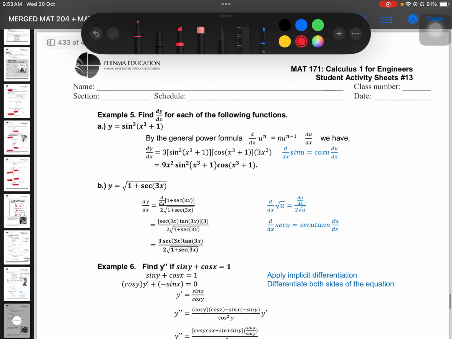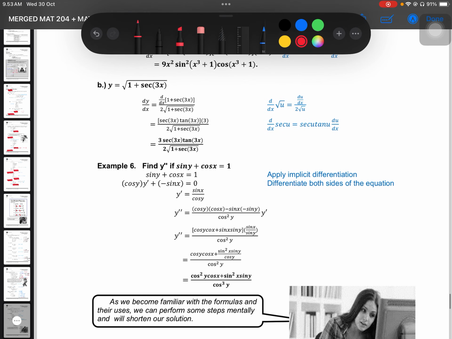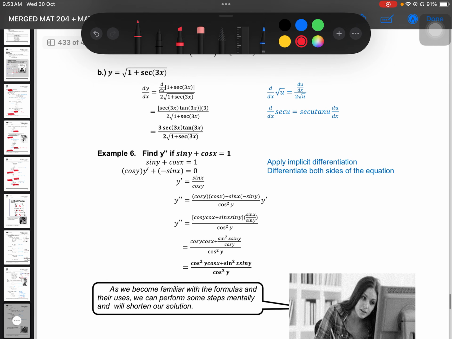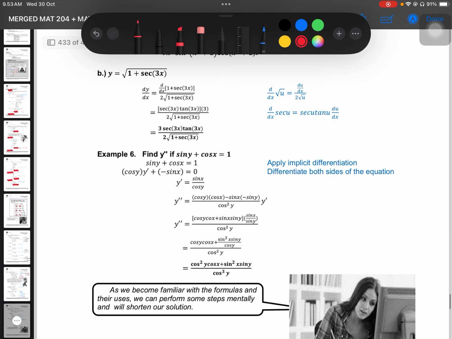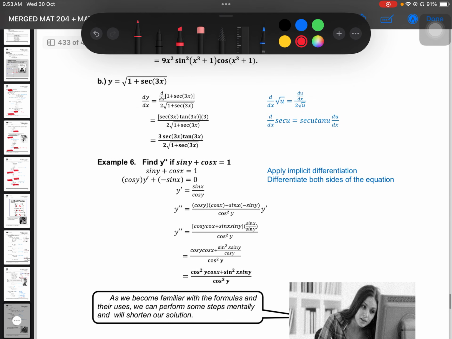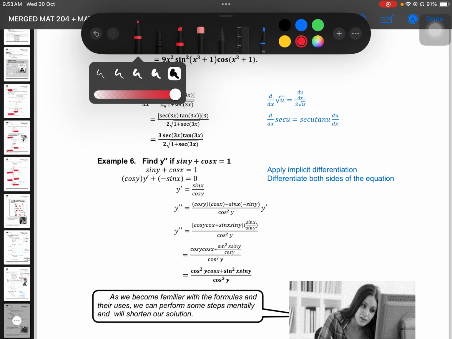So, ito. Let's try dito kay example number 6. Okay. So, let's use example number 6. This one. Magbura lang ulit tayo.